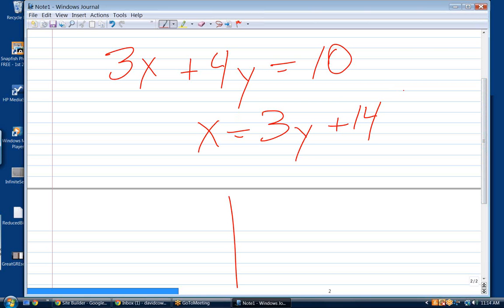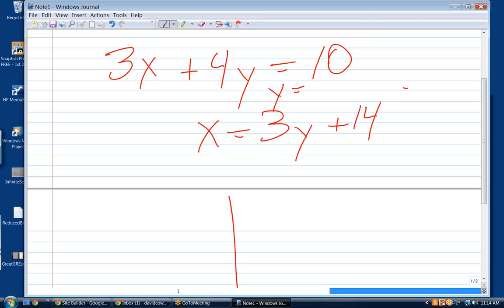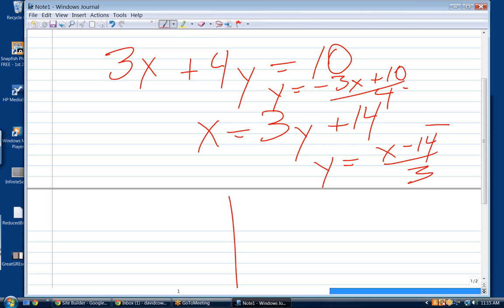Okay, this one, if we were to put both of them in y equals mx plus b format, we would see that I have this for the first equation. The second equation would be y equals x minus 14 over 3.